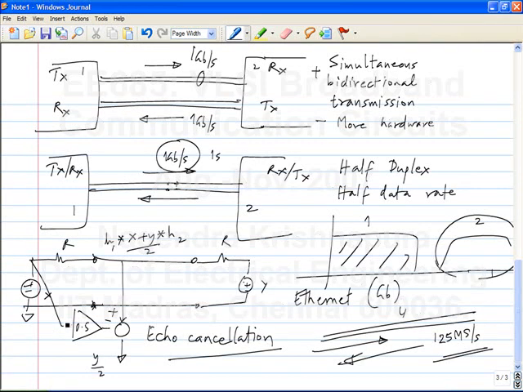But there are ways to get around that also. If it is memoryless, this is what you would do. But if it has memory like this, meaning it is x filtered by some transfer function, y filtered by some other transfer function, this can't be just a multiplication by 0.5. This has to be a filter, and the filter may have to be automatically adapted.